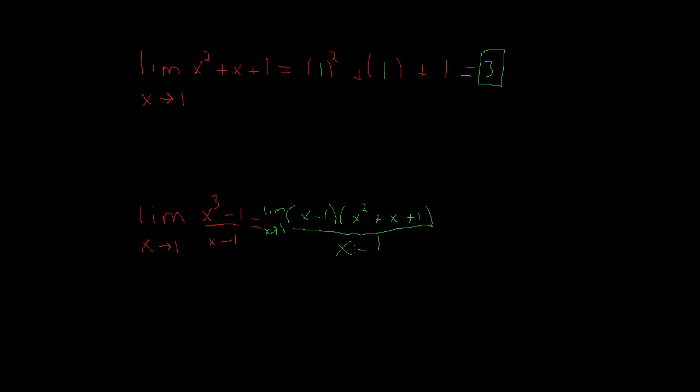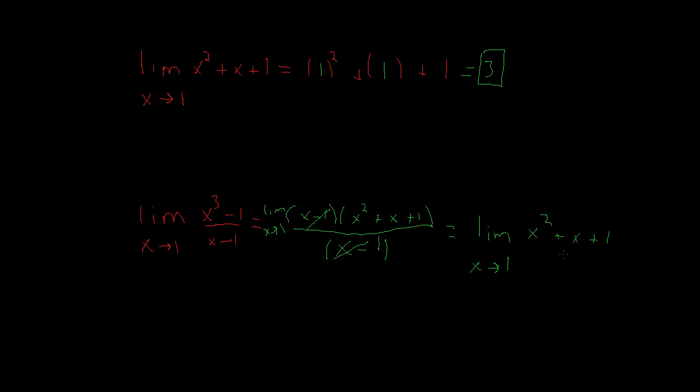So here we have this new limit. It's the same exact function. I haven't done anything but change its clothes a little bit. It's the same thing, it just looks slightly different. One thing you'll notice is we have an x minus 1 in the denominator and an x minus 1 in the numerator, and these reduce. So my new limit is the limit as x goes to 1 of x squared plus x plus 1.